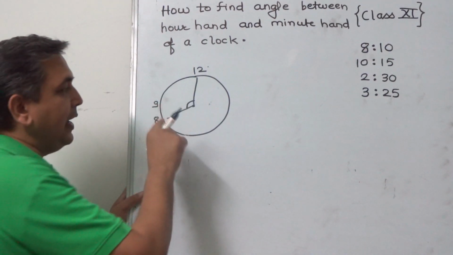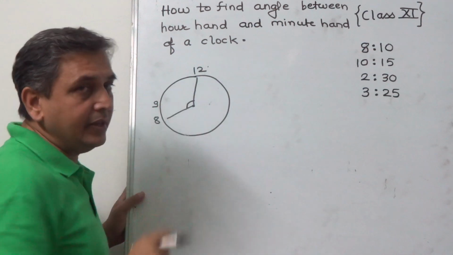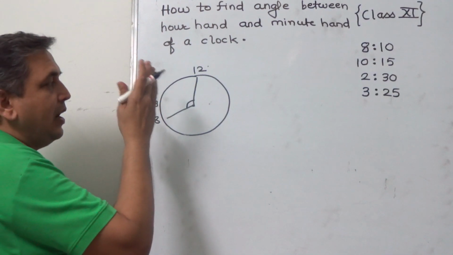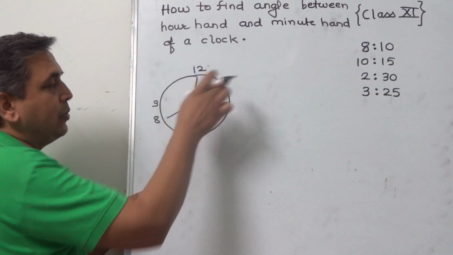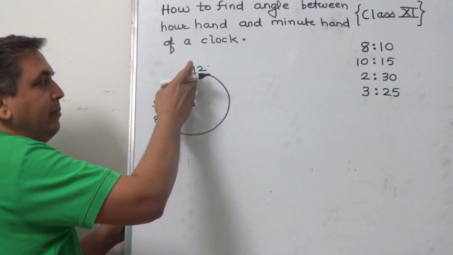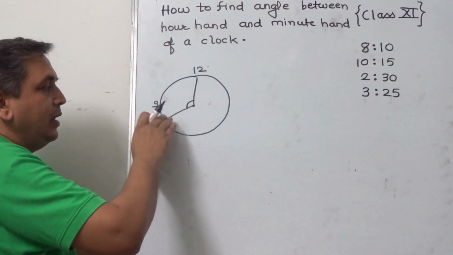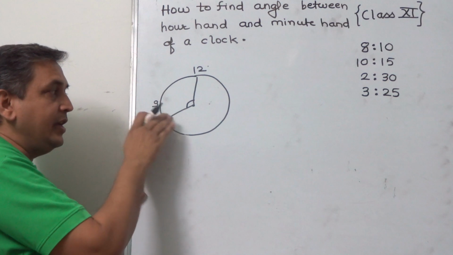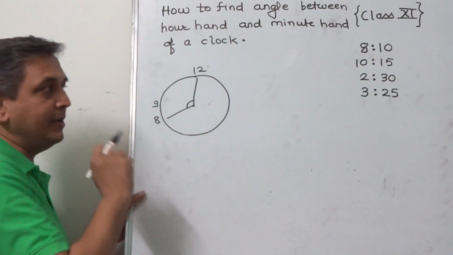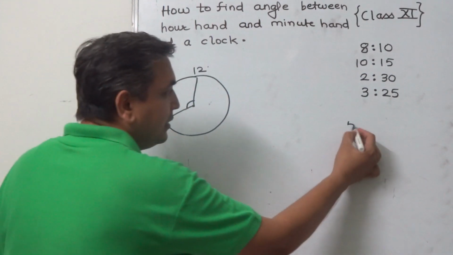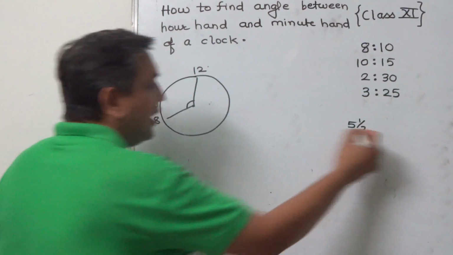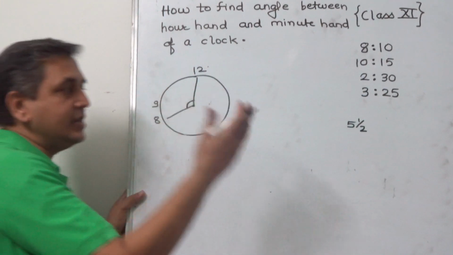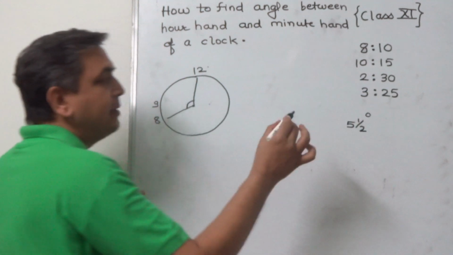But now we want the angle at 8:10. After 10 minutes from 8 o'clock, what happens? The minute hand also moves. The hour hand is not stationary, it also moves for 10 minutes. And we have found the relation, 5.5 degrees, so the angle increases by 5.5 degrees per minute.